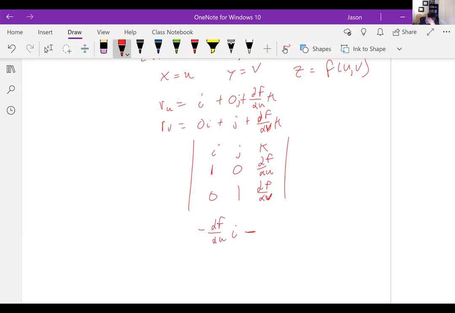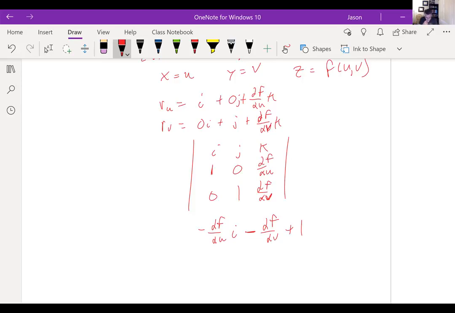It would be positive, but it's the negative, so it's the negative of df dv. And then what would the k be? K would just be 1, looks like. Okay, plus 1.